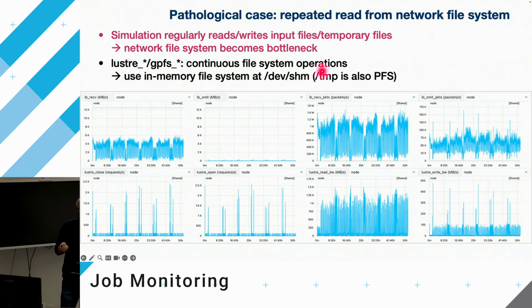So using this trick, you can not only reduce the load on the network file system, but also improve the performance of your application, because reading from main memory is way faster.